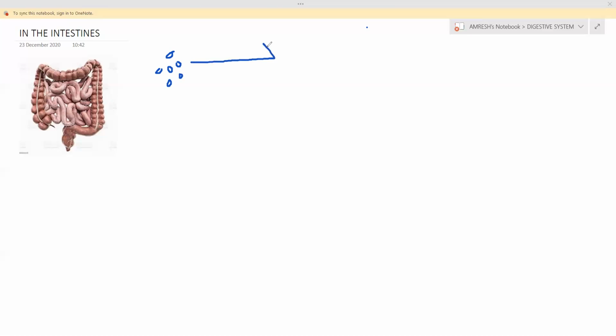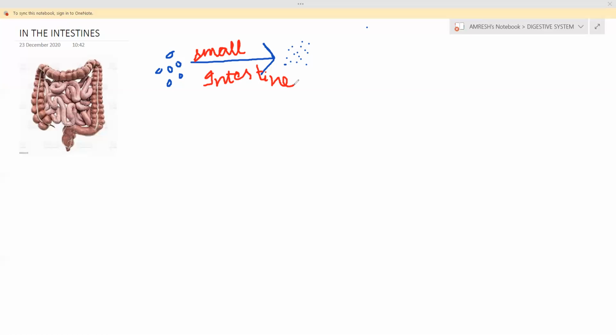After coming to the small intestine, the food is this much small. Why? What has made it possible that from the stomach to the small intestine, the food particles became so much smaller? Because of the digestive juices secreted by the small intestine.